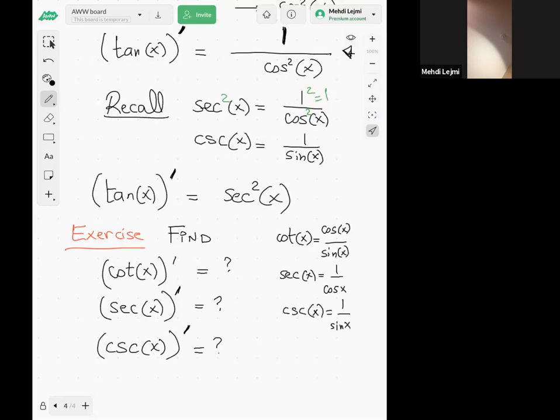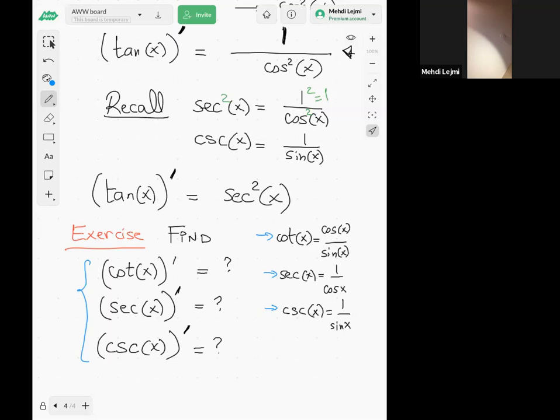Anyway, to compute the derivative, please use the quotient rule, right? Because cotangent, secant, and cosecant of x, all of them by definition, are fractions. So to compute the derivative, you have to use the quotient rule.